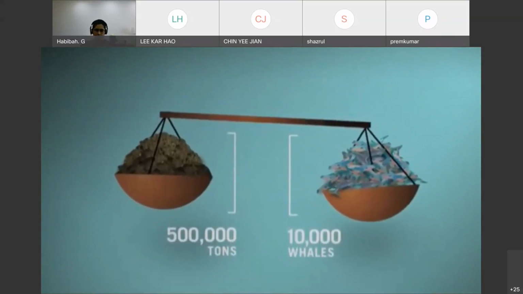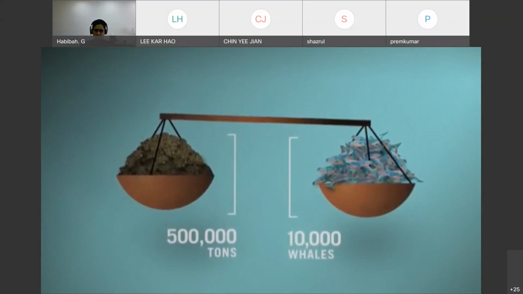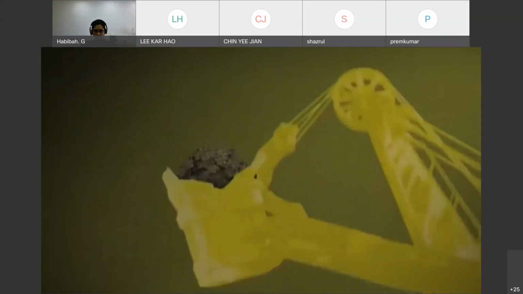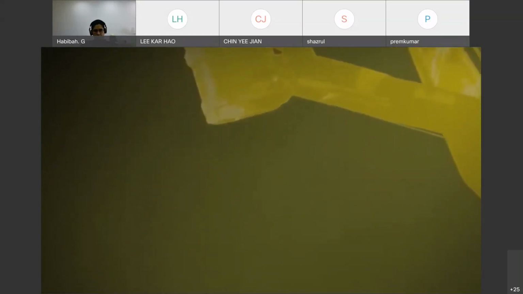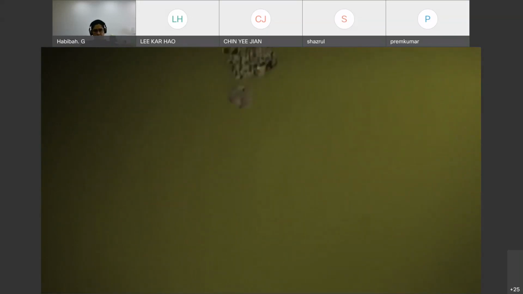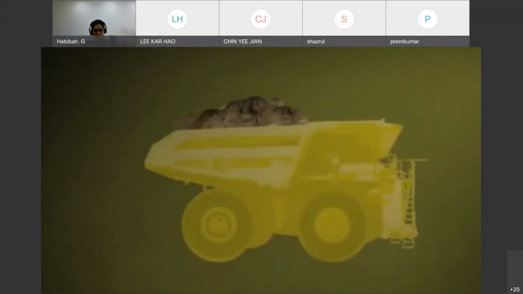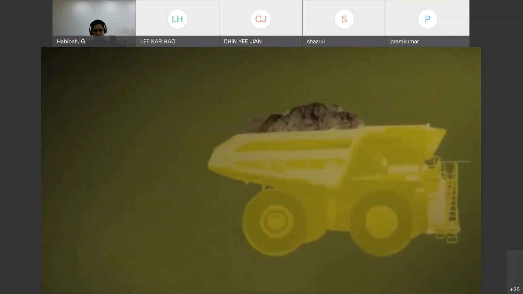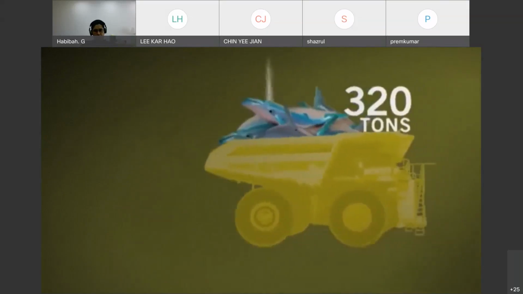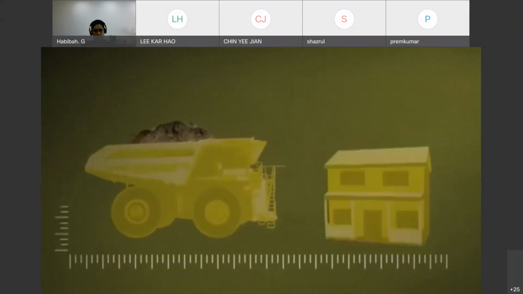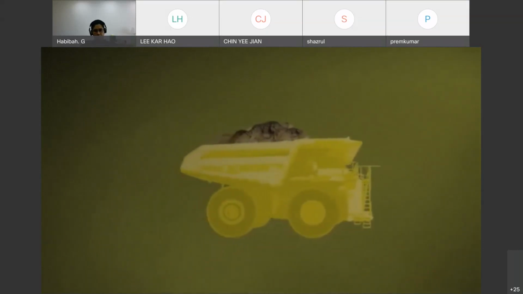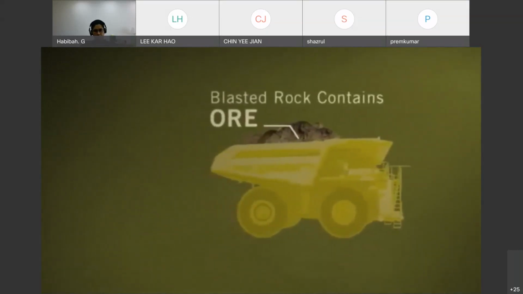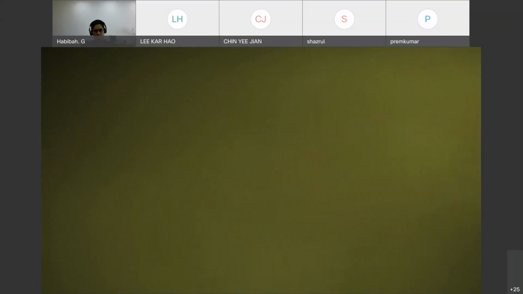So how does Kennecott deal with this nearly inconceivable volume of blasted rock? Well, the simple answer is that you pick it up with giant shovels that can carry 100 tons in a single scoop and dump it into massive haulers. These trucks are capable of hauling 320 tons, or about 6 whales, and are about the same size as an average 2-story house. These huge hauling machines carry the blasted rock, which contains minerals called ore, out of the mine and drop it into one of the world's largest rock crushers.